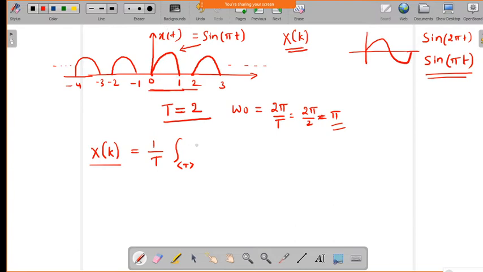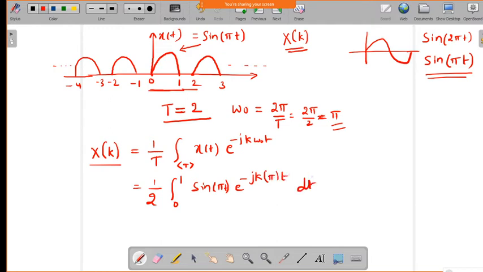Okay, so now x of t into e power minus j k omega naught t, which is given by 1 over 2, with the integral varying only from 0 to 1. So x of t is sine of pi t into e power minus j k pi t. Now evaluate this integration and try to tell the answer.